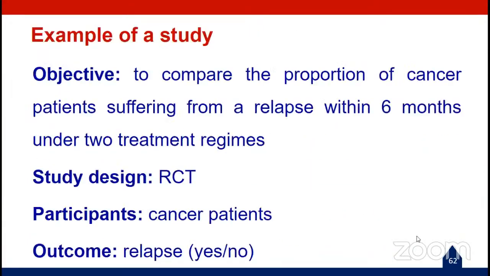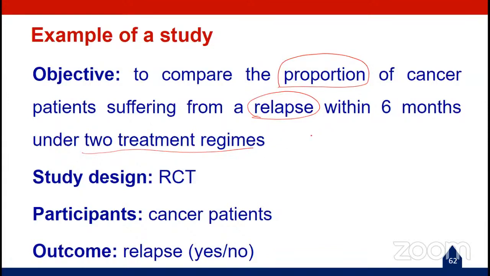So now let's go through this example. The objective of the study was to compare the proportion of cancer patients suffering from relapse within 6 months under two treatment regimes.